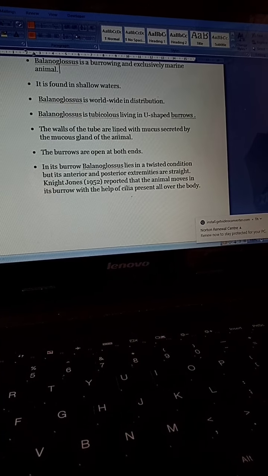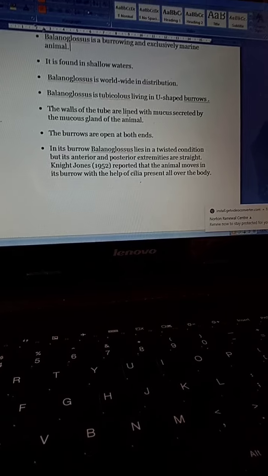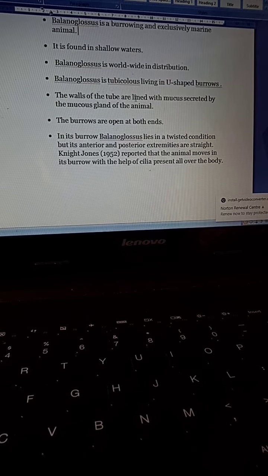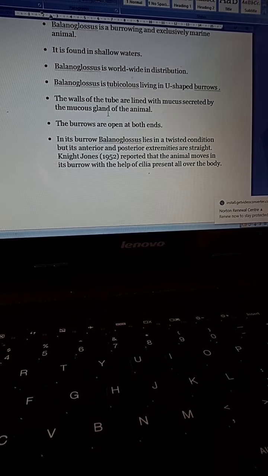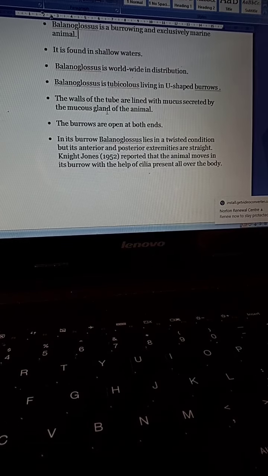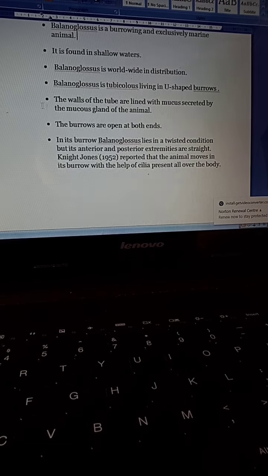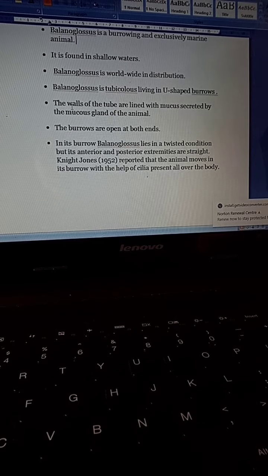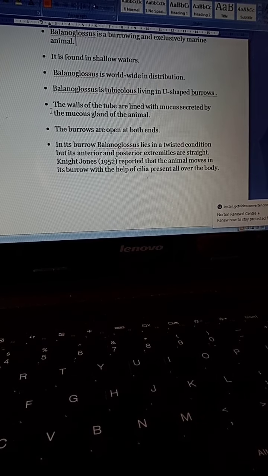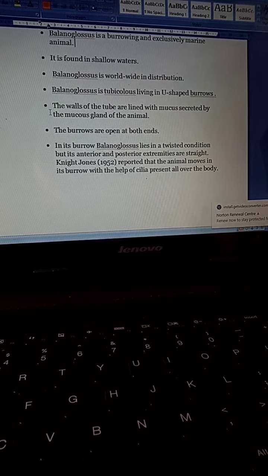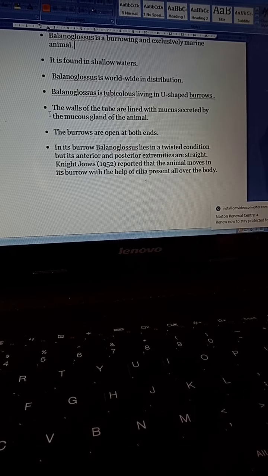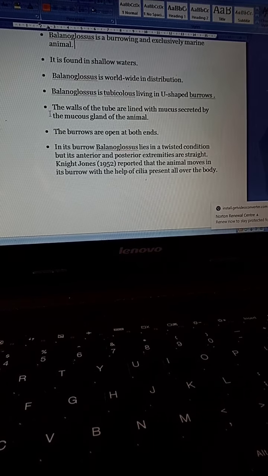The walls of the tubes are lined with mucus secreted by the mucus glands of the animal. Basically, these animals have mucus glands, and the mucus glands secrete mucus that lines the tube walls.